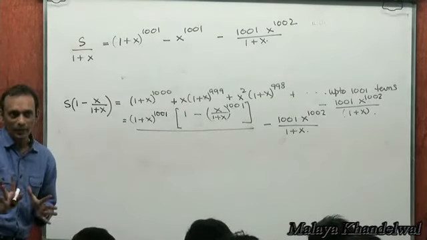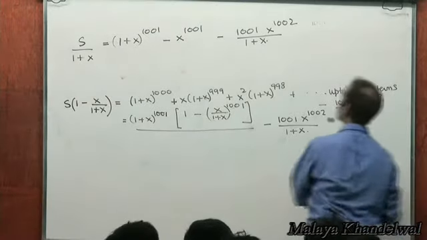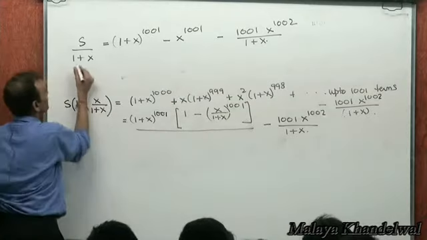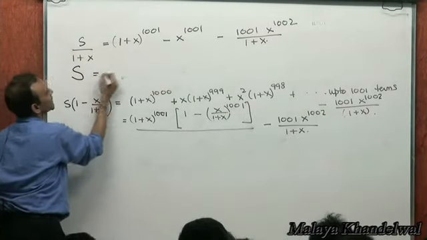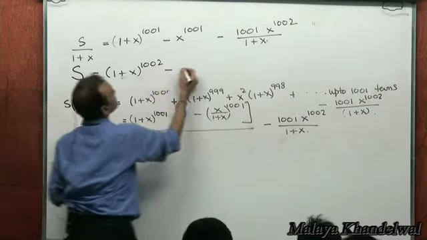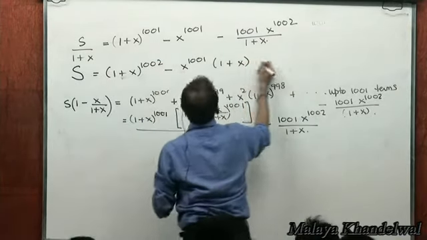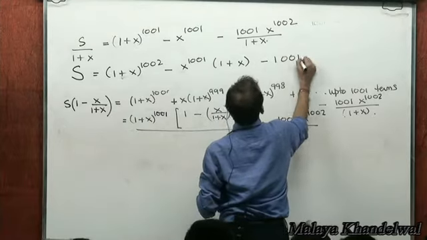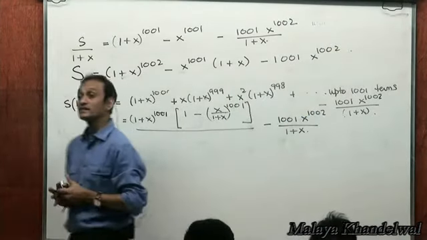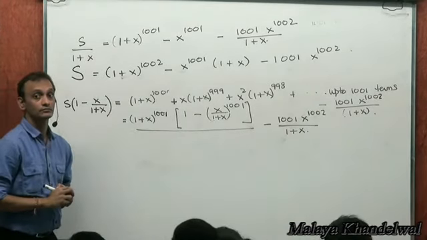See, till this point there is no binomial, it's only what we did in the past, arithmetico-geometric progression, right? Now to find s, the big expression, s then is 1 plus x to the power 1002 minus x to the power 1001 into 1 plus x minus 1001 x to the power 1002. Yes or no? That's the summation s. Clear?